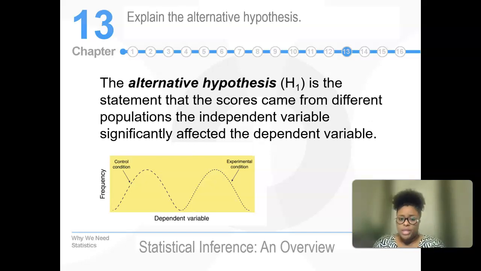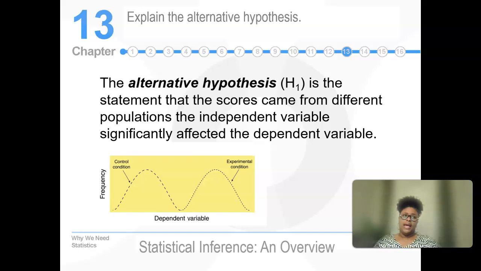Then we also can look at the alternative hypothesis, which is represented with H1. It is the statement that the scores came from different populations. The independent variable significantly affected the dependent variable, but we may have alternatives. So if I'm looking at gender per se, I might say that males have an impact on, well, let's just do maybe classification in college.